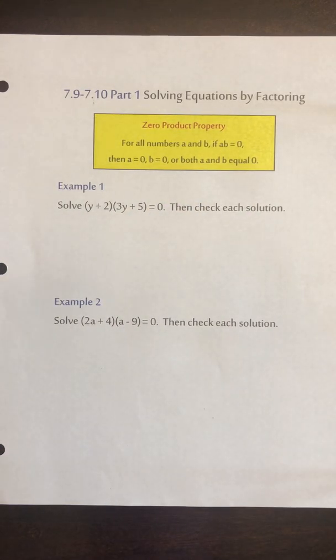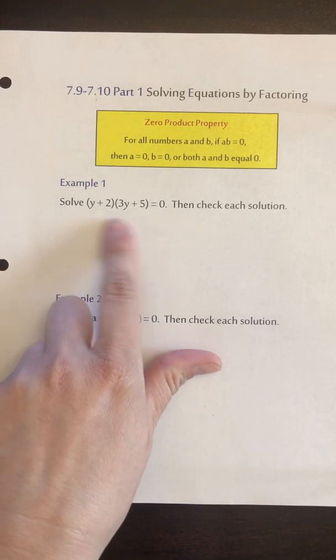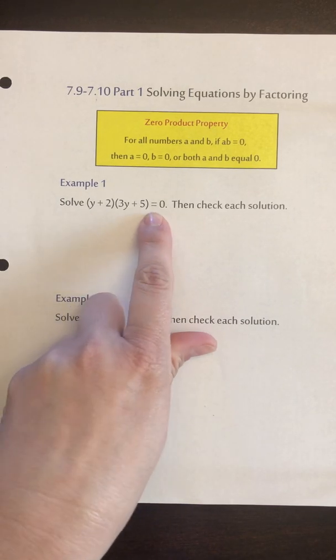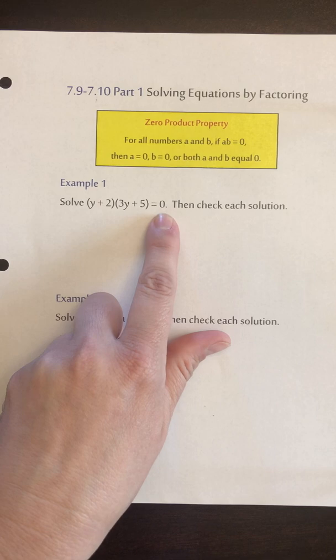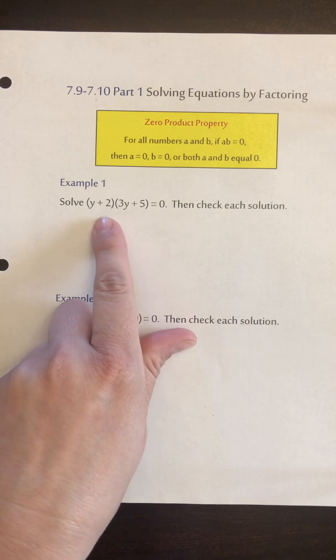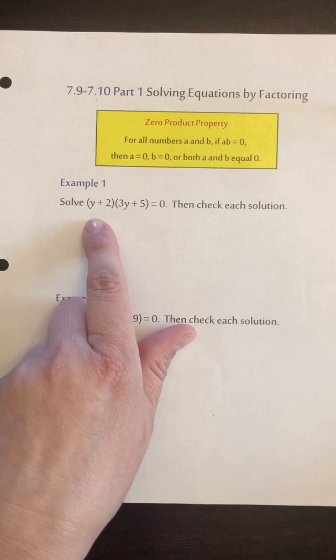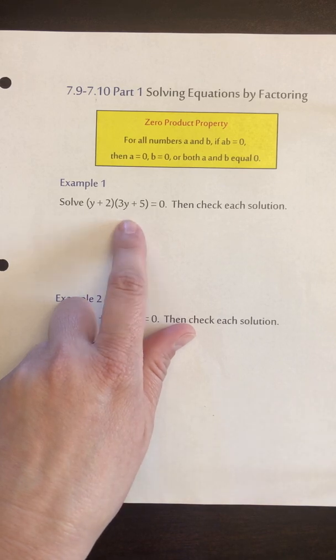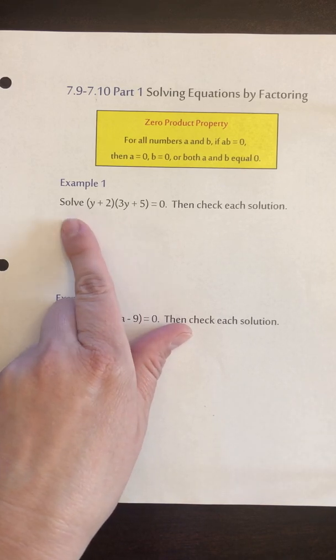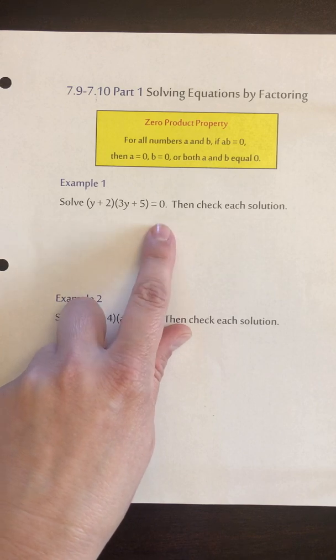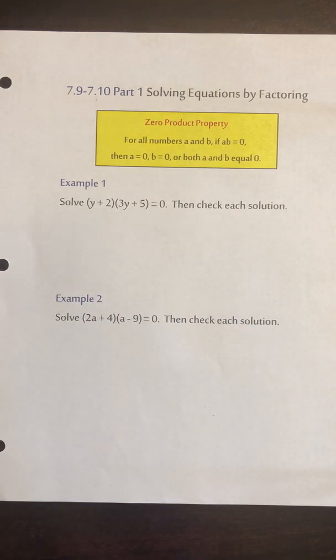So for example 1, you'll notice that we have an equation because we have an equal sign. We have it already set equal to 0 on the right side, and on the left side it is already in factored form. The factoring has already been done for us. So it says solve. We're going to solve this equation, and then we're going to check the solutions.